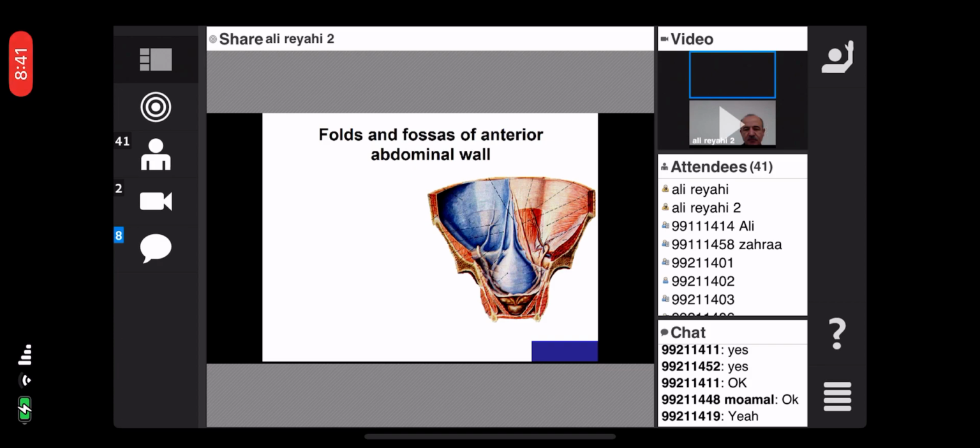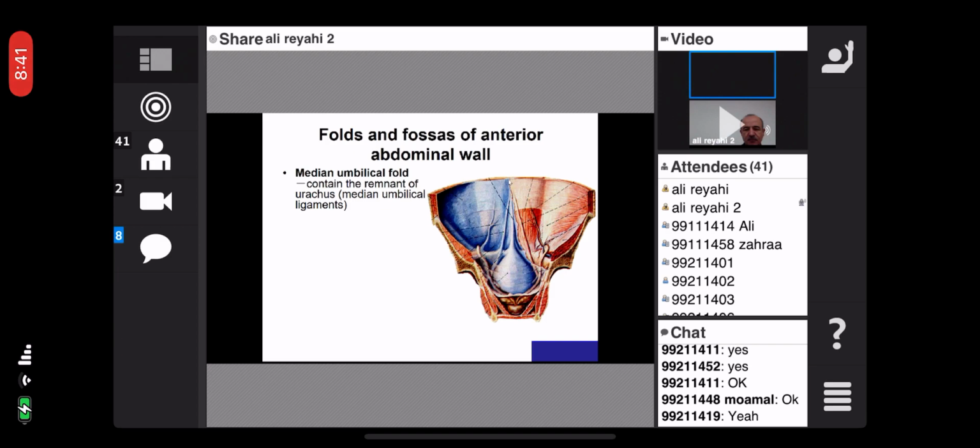anterior abdominal wall from the posterior view, and we will review the inguinal canal. If we remove the anterior abdominal wall and see it from the posterior view, from the back, you can see this picture.